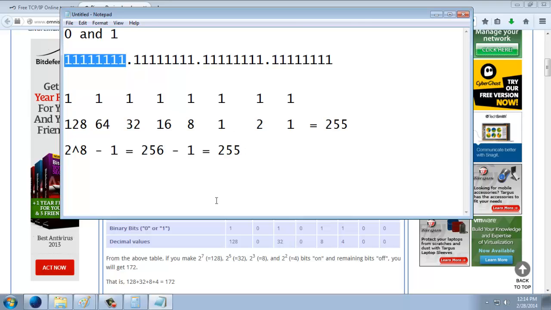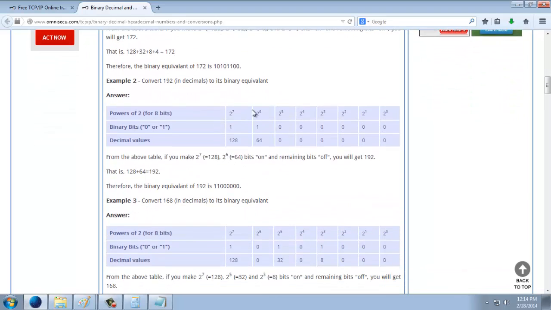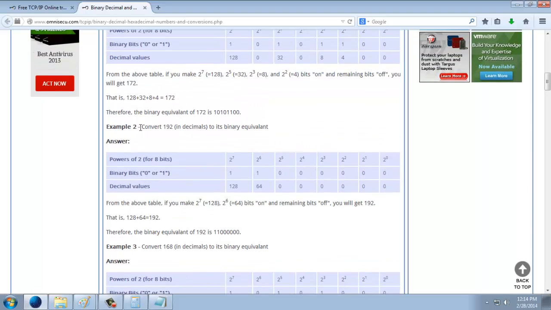Okay, this concept is clear, right? So there are some worked out examples here, from binary to decimal and from decimal to binary. For example, take this: convert 192 in decimal to its binary equivalent. If you want to get 192, how will you add up the powers of 2? 128 plus 64 is 192, correct?